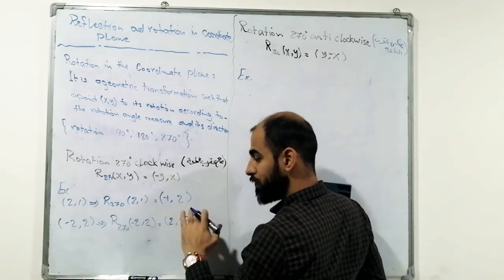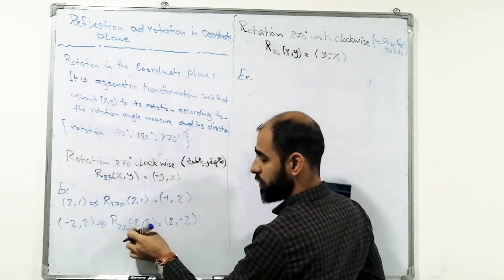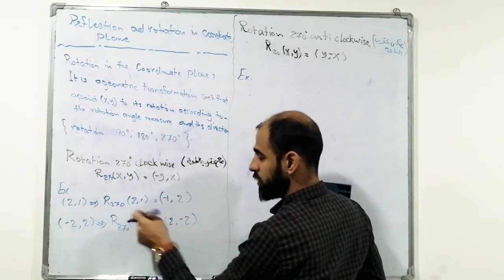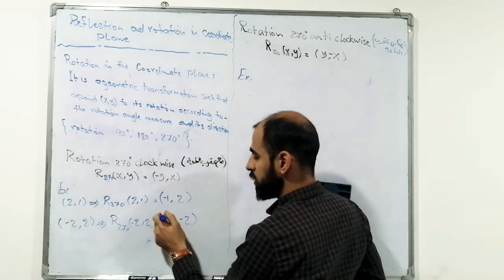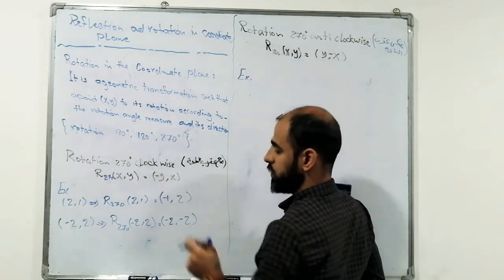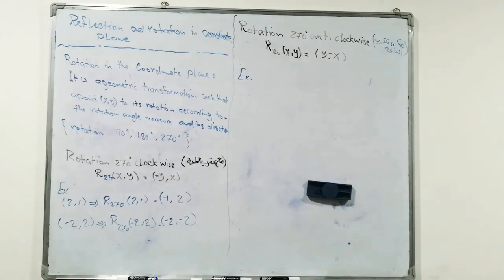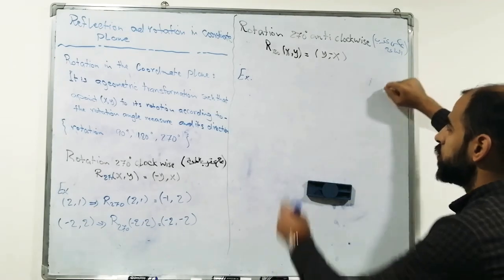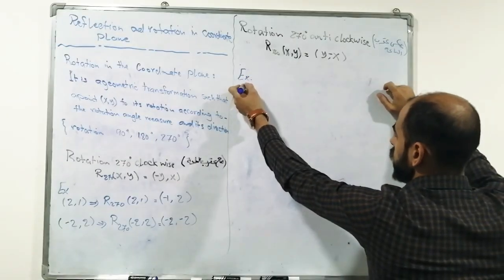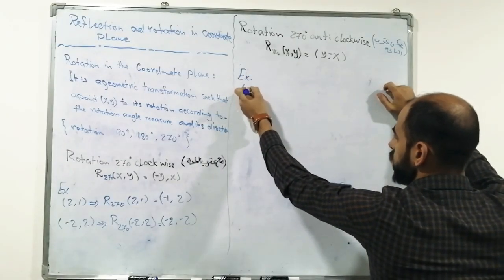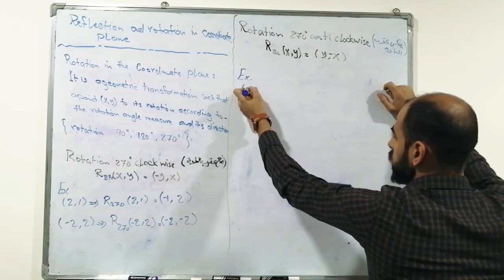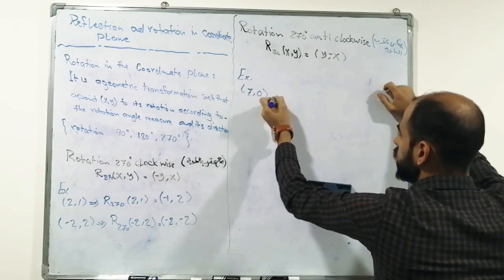Then change the sign of the first part. It will become minus 2, minus 2. By the same way, we can find the rotation of any point x, y.